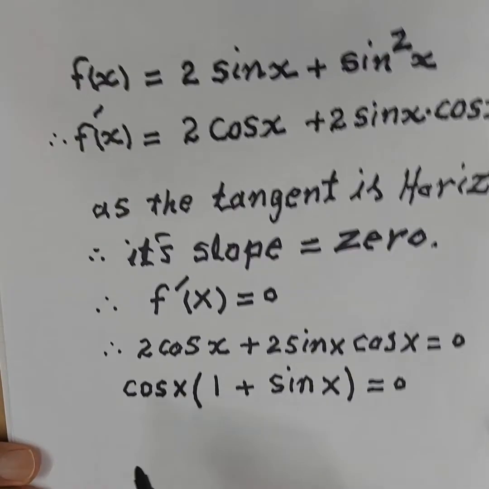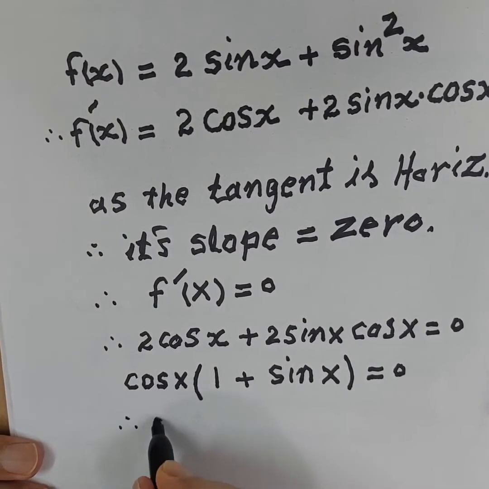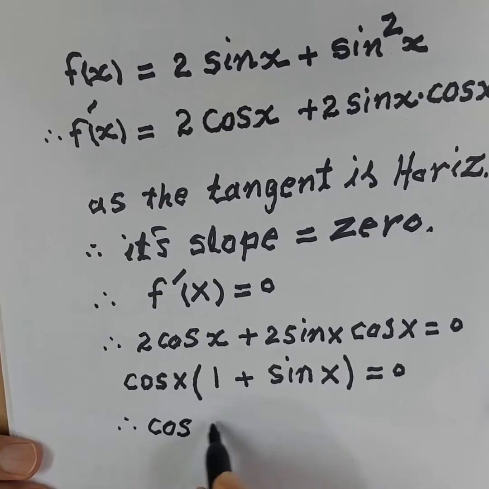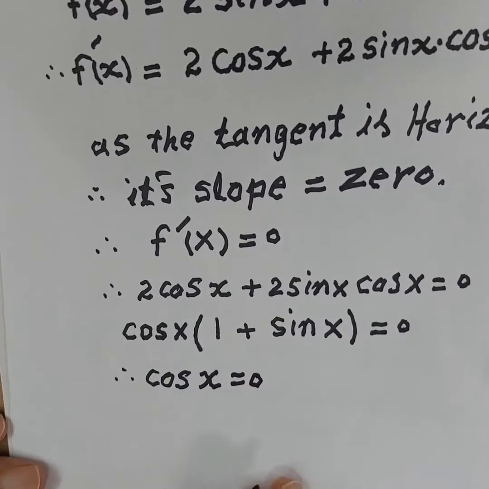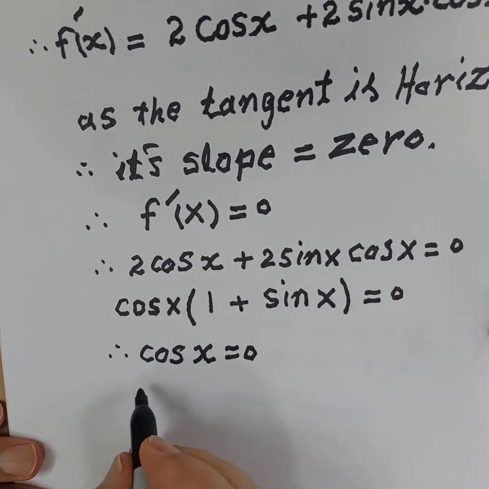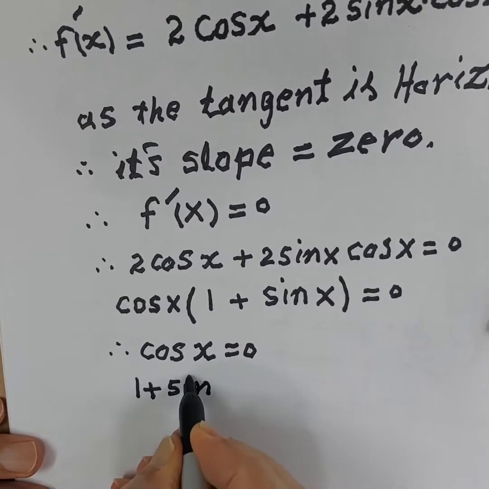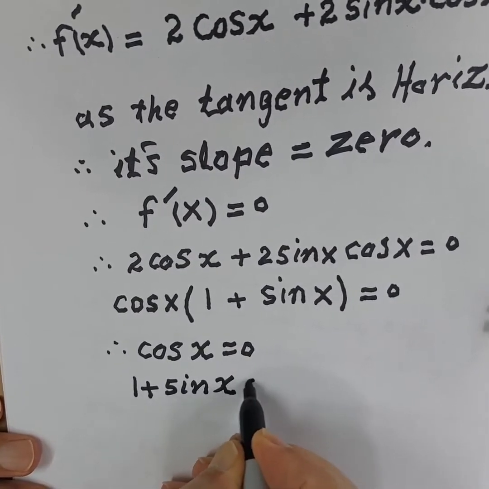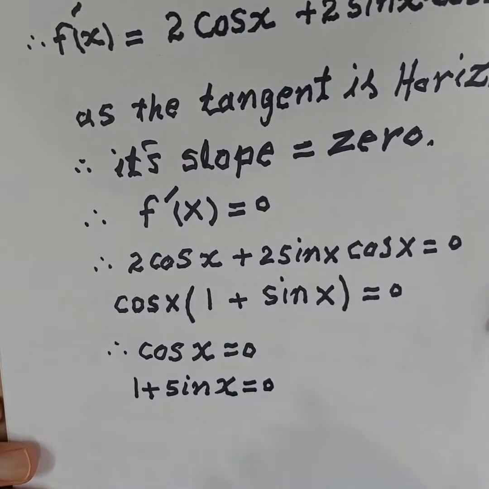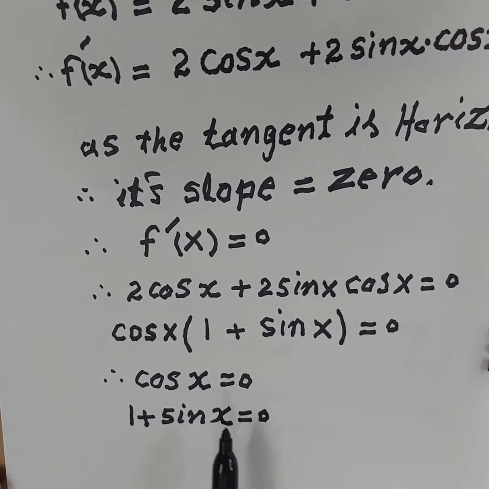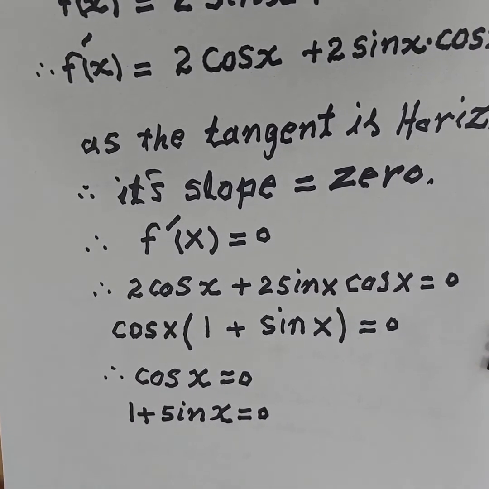The first one is cosine x equal to 0, and the second one is 1 plus sine x equal to 0. Let us look together at the solution for these two equations.